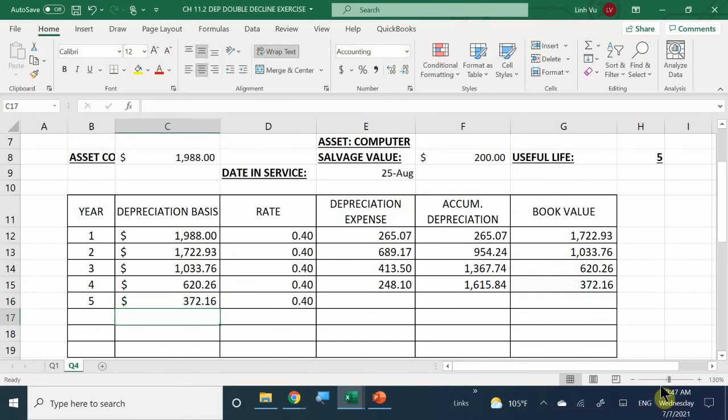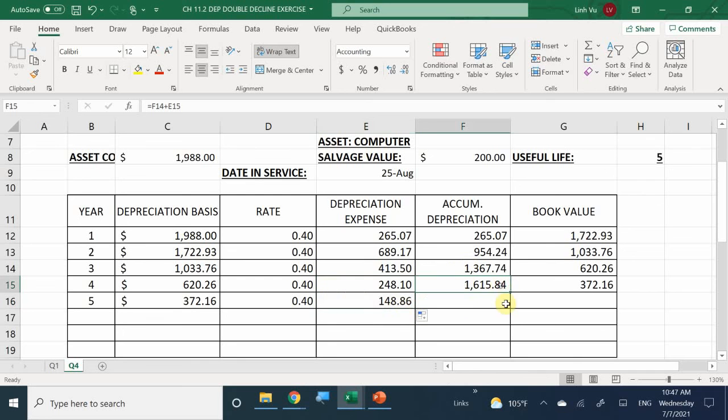Okay. 372.16 is going to be my depreciation basis. So what is going to be my expense for year 5? I got 148.86. Okay.